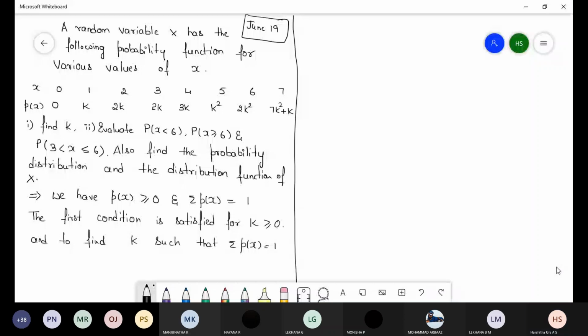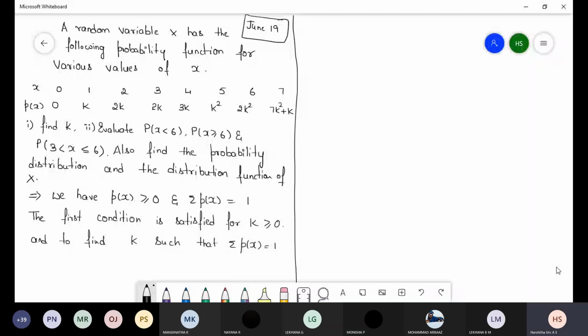Now, we have to add all the p of x. So first is 0, second, third one is 2k, fourth one 2k, fifth one 3k, sixth one k square, then 2k square, plus 7k square plus k is equal to 1.